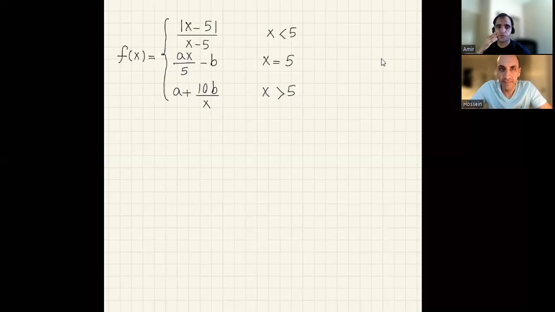In other words, the limit should exist at that point, and also the value of the function at that point should be defined. So let's start with the limit.